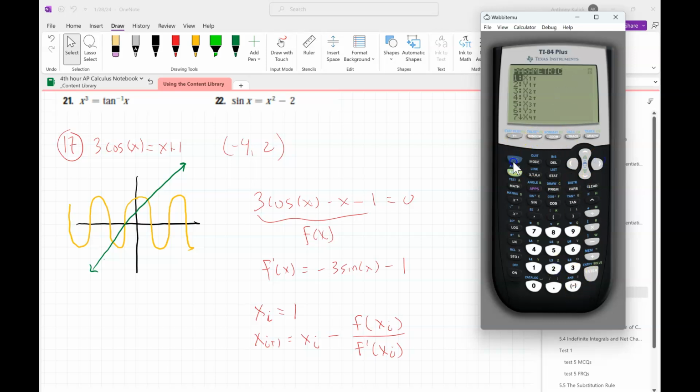Oops, pressed the wrong thing. Forgot to go to the Y variables menu. Y2 of that previous guess. And we'll just kind of rattle off some here. And I think at this point we got 6 decimal places there for one answer.